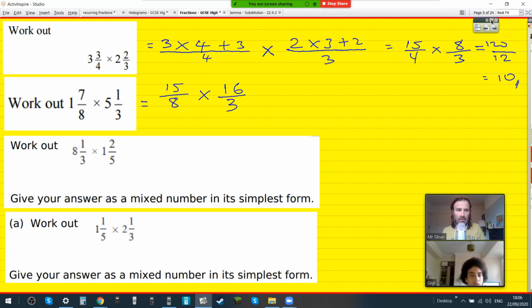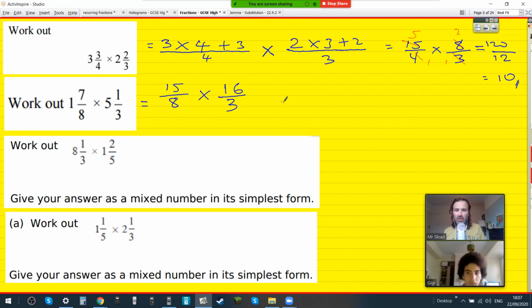Yeah, and what might make your life easier is to cancel down earlier. So with the previous one, 15 over 3, you can cancel down straight up and down as well as diagonally. Multiplying doesn't matter what order you do them in. That could be 5 and 1. That could be 2 and 1. And so you get 10 over 1, which is 10.